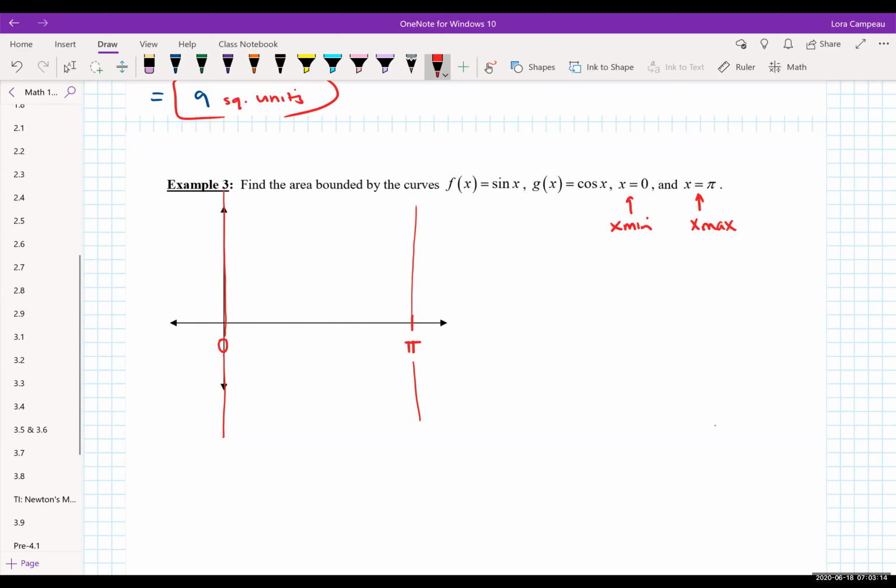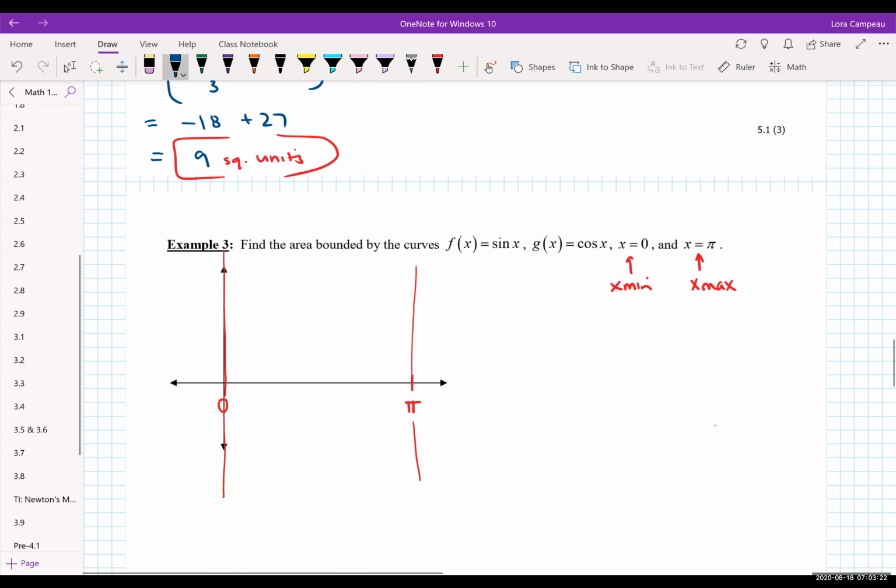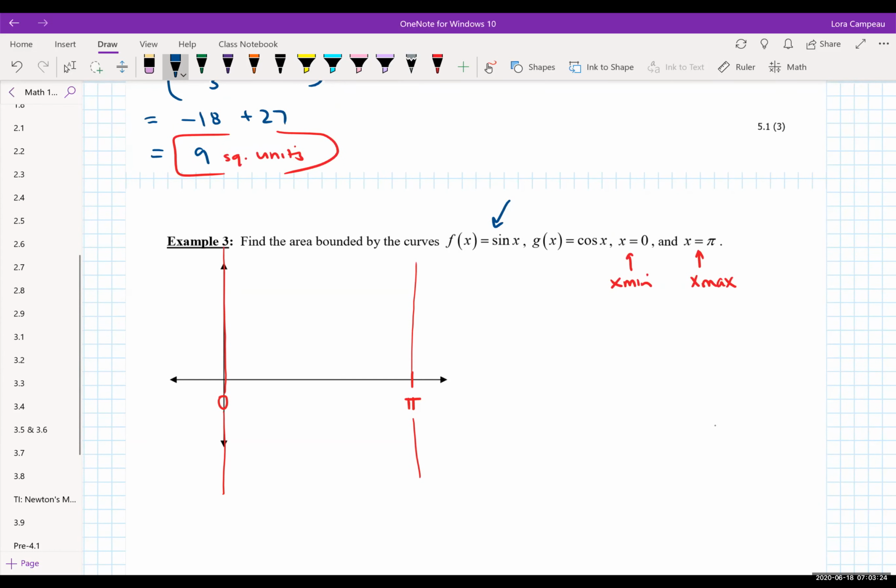So if you remember, f of x equals sine x, if you want to take some time, just a quick idea. If you have sine x, it starts at 0, it ends at 2 pi, it's 0 in the middle. We have a high point and a low point.